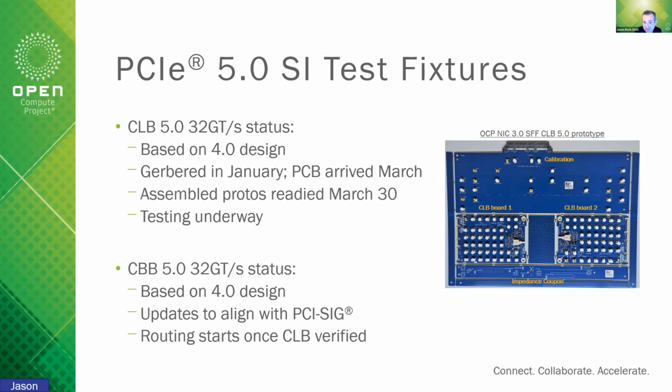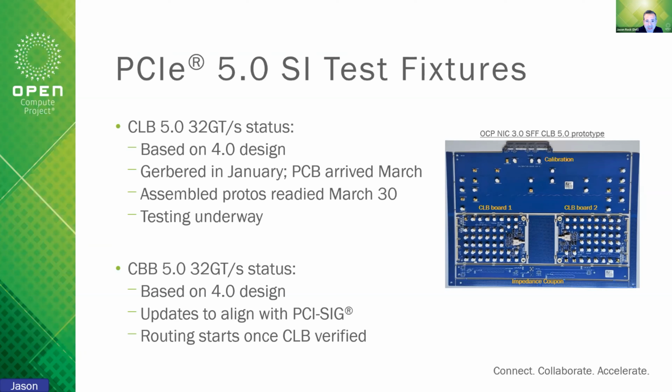So the CLB load boards are used for plugging into servers to test the servers routing. The CBB, which is the compliance baseboard, these are used to test the NICs themselves. So it provides a way to break out the signals for NICs. The same deal, it's going to be based on the current 4.0 design.